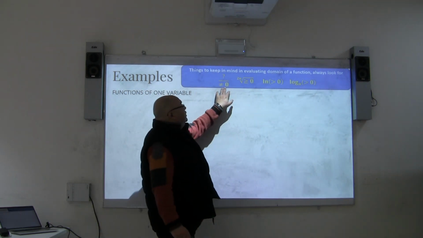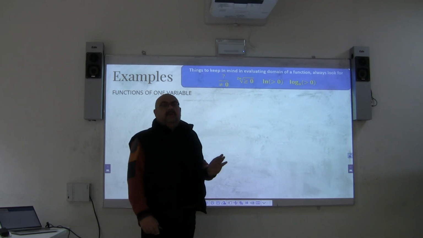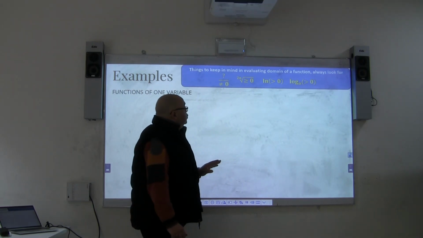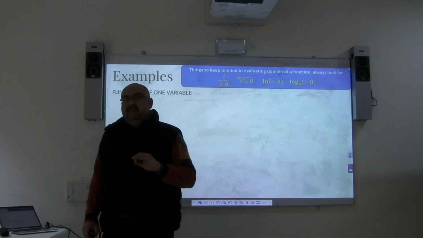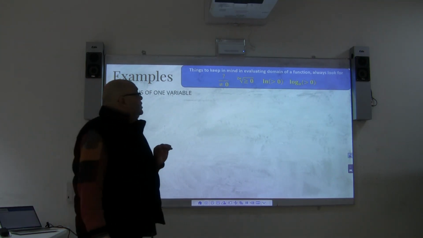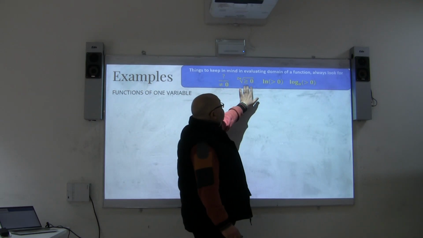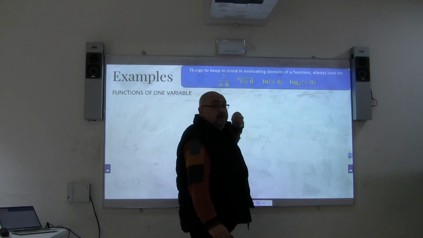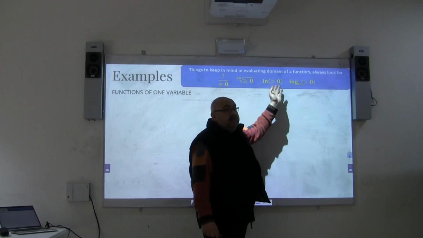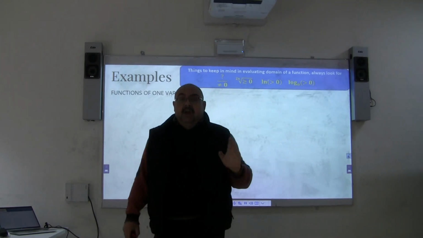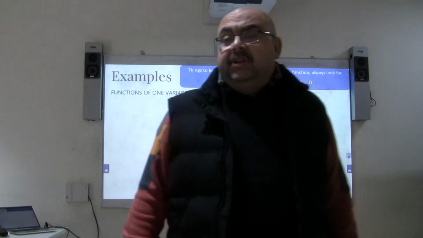First of all, if you have a denominator, of course the denominator shouldn't be equal to 0. If you have an even radical or an even root, what's inside the root should be greater than or equal to 0. For the ln, the natural logarithmic function, the argument should be greater than 0.